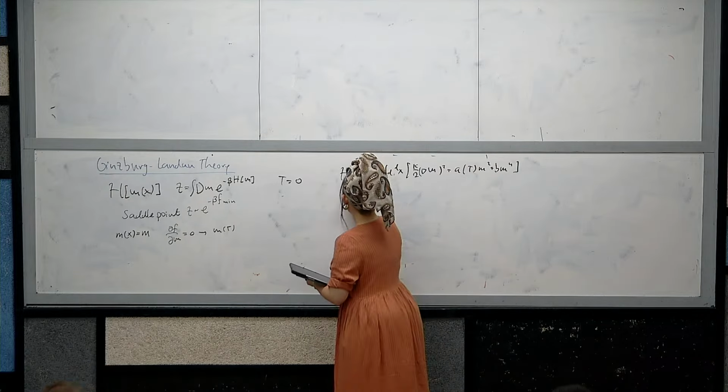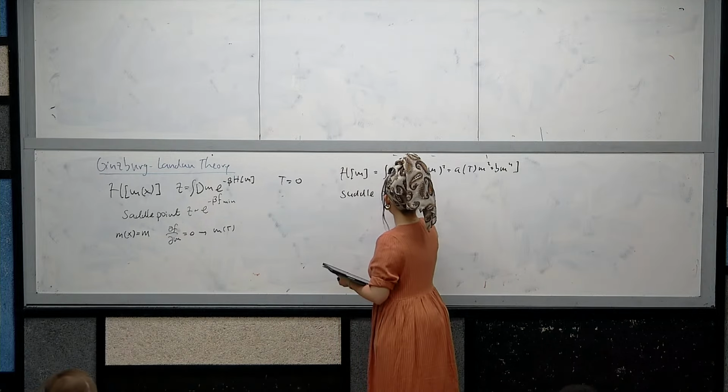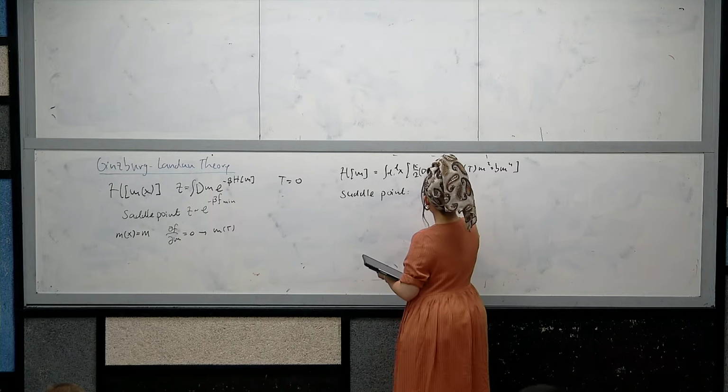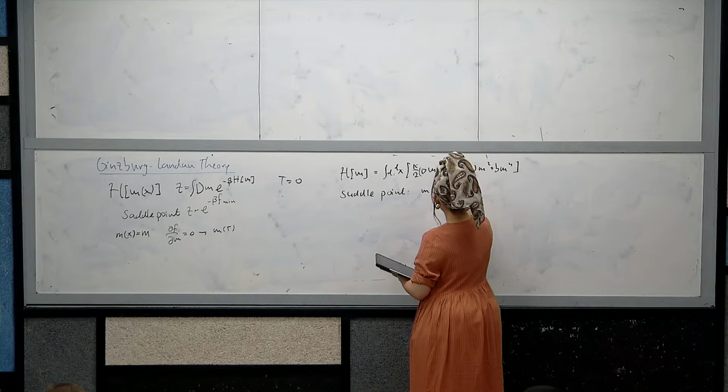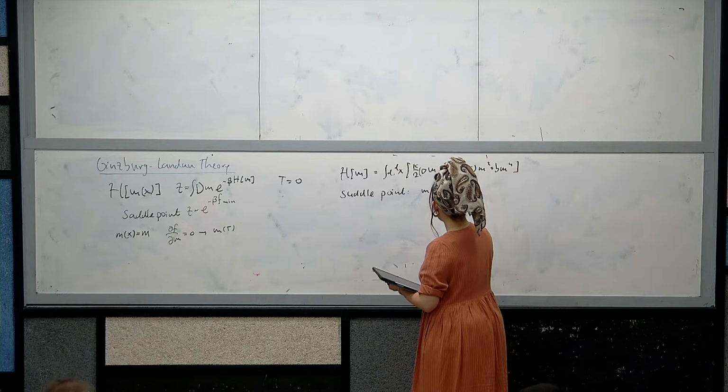And we have the saddle point. We did it many times. For mean field, we say that m(x) is a constant.